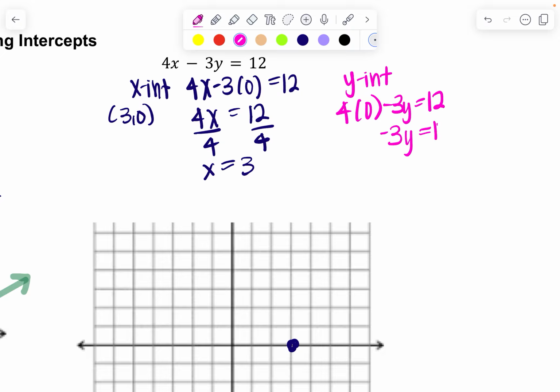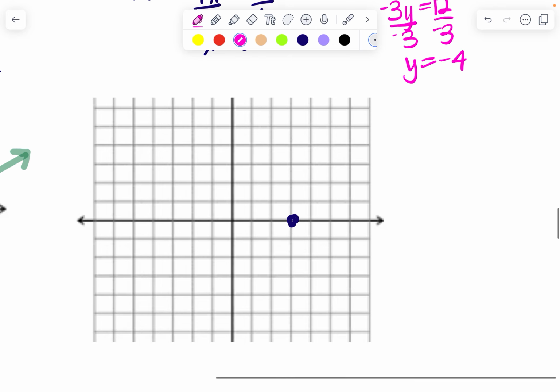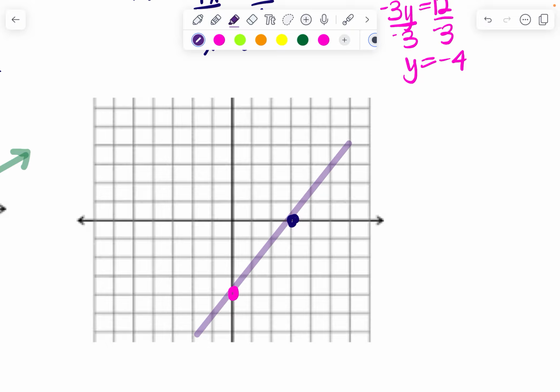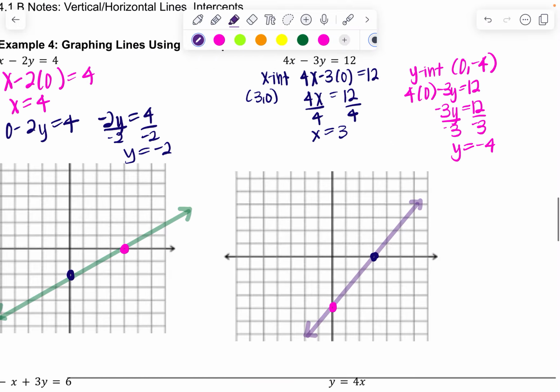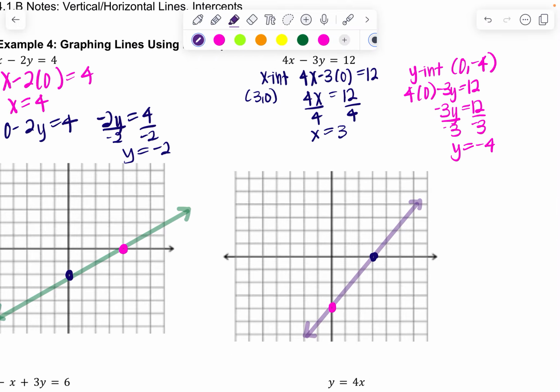So negative 3y is 12. If we divide by negative 3, that means our y-intercept is negative 4. So (0, -4). And again, we will just go ahead and connect those. And that will be my line of 4x minus 3y equals 12.